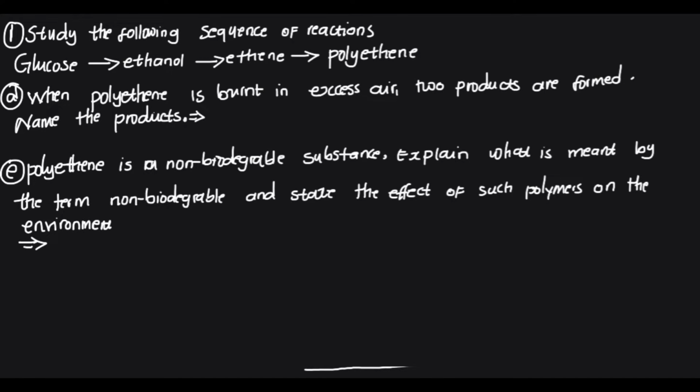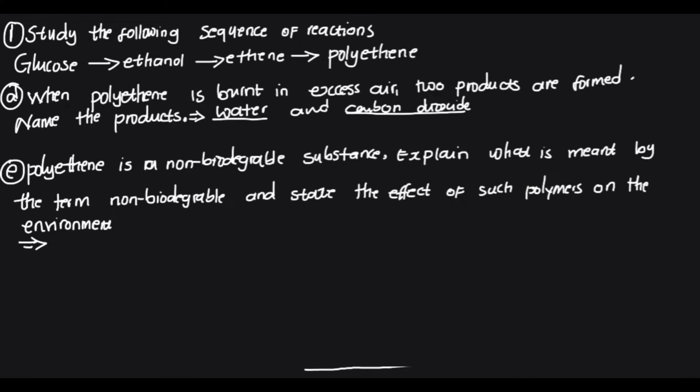So the products of an organic substance undergoing complete combustion are water and carbon dioxide. As long as it is in excess, you have carbon dioxide. So these are the two products that you need to have in mind.